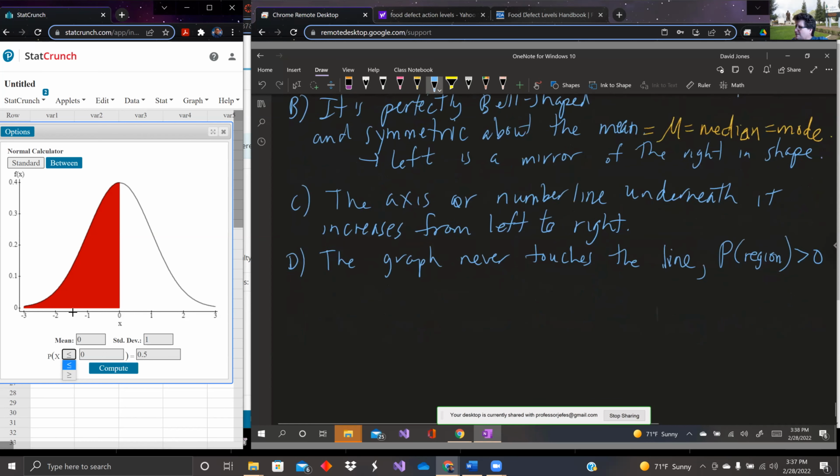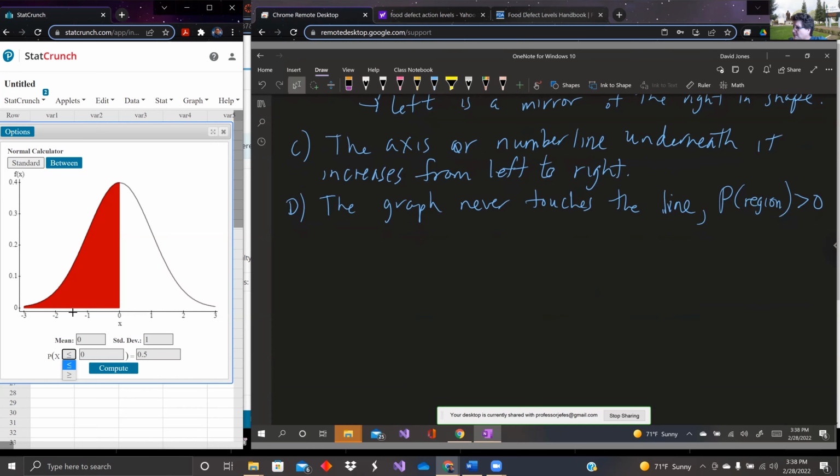Something to know about bell curves. If I have a bell curve like this, let's say sigma equals 1 here, and I have a second bell curve where sigma equals 2.